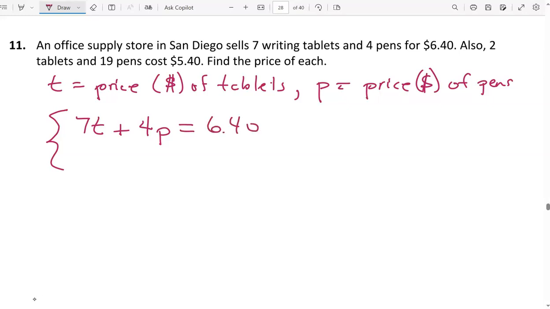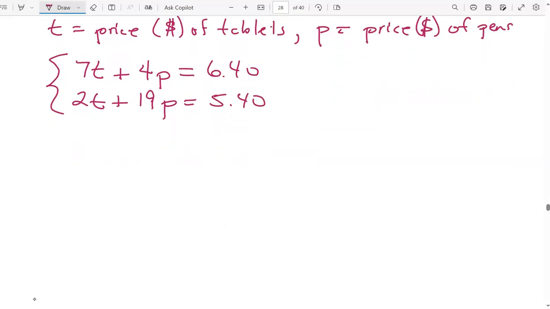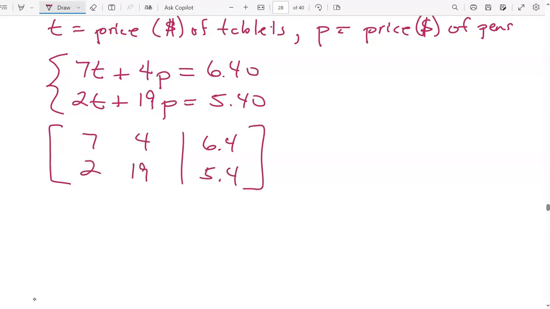Second situation, if I buy 2 tablets and I add to that the price of 19 pens, I'm going to get a total price of $5.40. That is already in standard form, so in matrix form, that's 7, 4, 6.4 across the top, 2, 19, and 5.4 across the bottom.